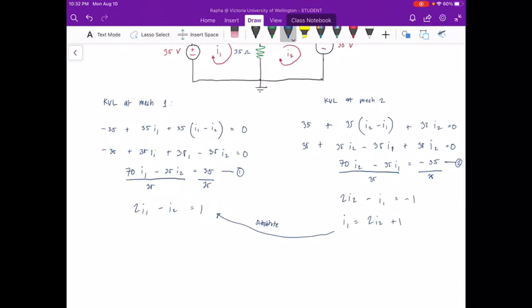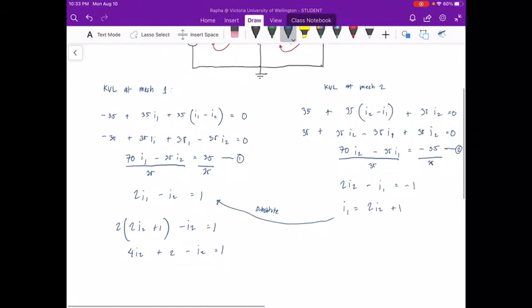We have 2I2 plus 1 minus I2 is equal to 1. 4I2 plus 2 minus I2 is equal to 1.